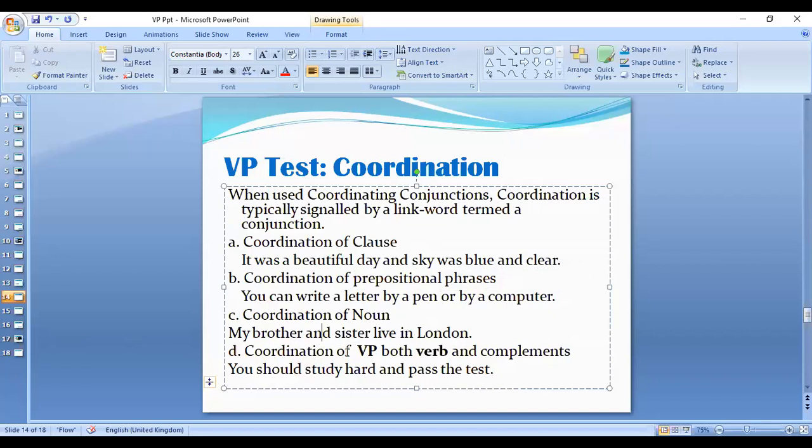And next is coordination of phrases, both verb and complements. The example clarifies this concept: you should study hard and pass the test. Because of this coordination between "study" and "pass" and the complement "the test", we can say that these are verb phrases.